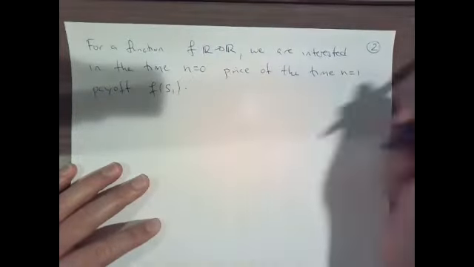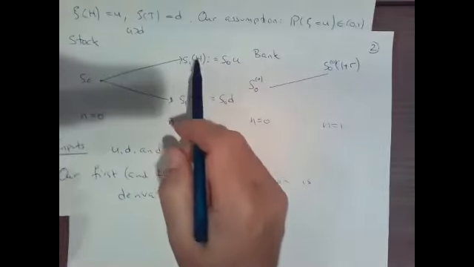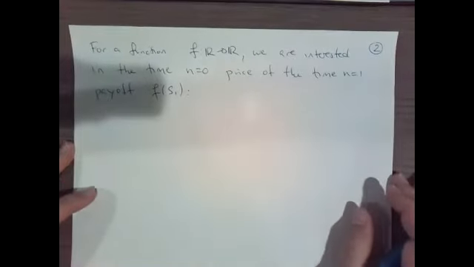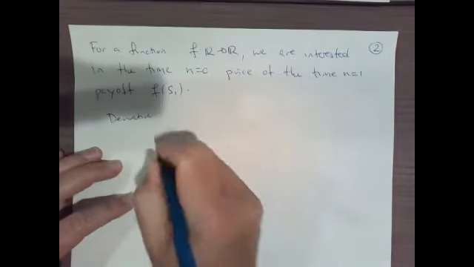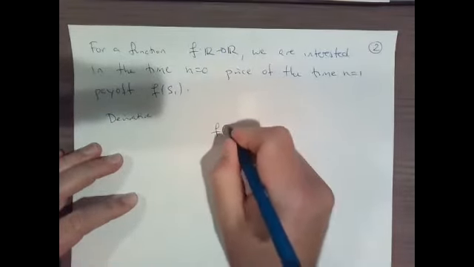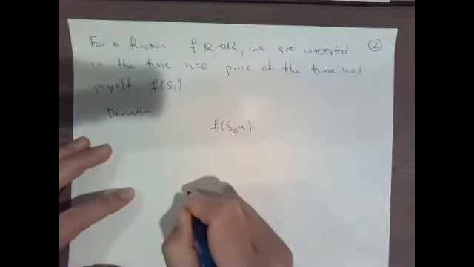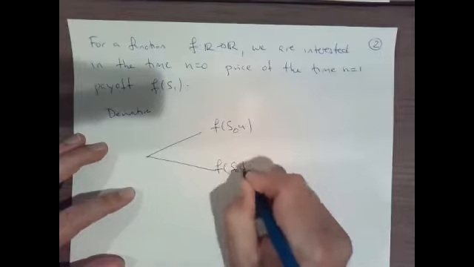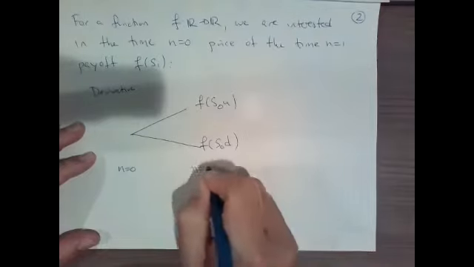On a picture, let's make the same picture as what we had here. The stock price has two possible values, depending on whether you go up or you go down, so you're going to get two possible values of the derivative's payoff. In the up state, the payoff is f of S0 times u. You go down, f of S0 times d. Here we have time 0, and here we have time 1.